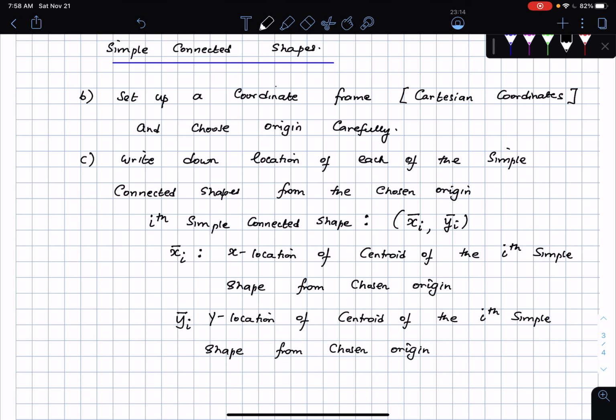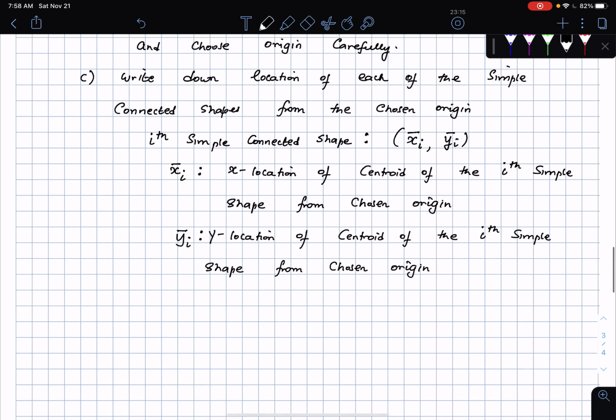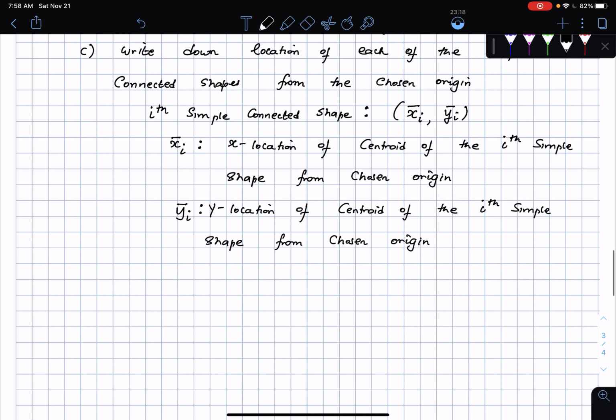That is important here. Typically you will have n simple connected shapes, so let me put a bracket around here, and we have to do this n number of times.